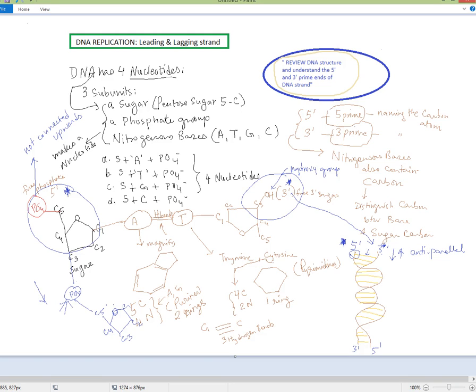That's how it is at the bottom, and the same way for the 5 prime end. So that's basically what I wanted to cover in this first video on the leading and lagging strand.